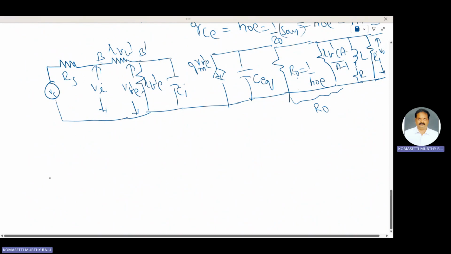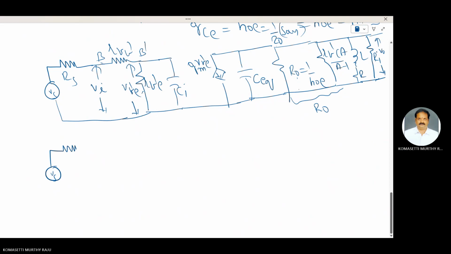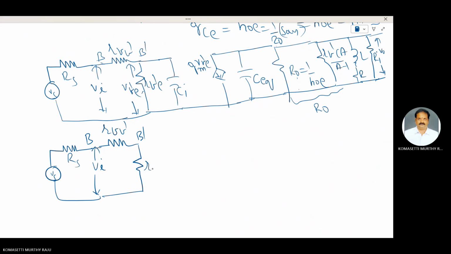The final equivalent circuit is here. At the input side, this one is VS, RS, VI, B, RBB', B', RB'E.